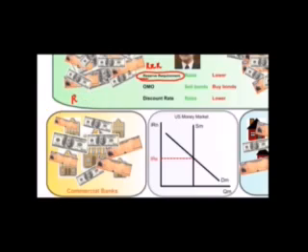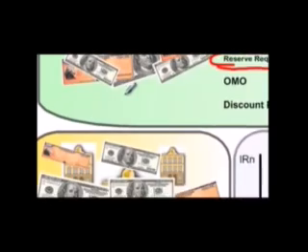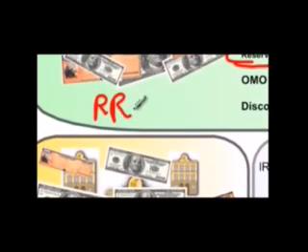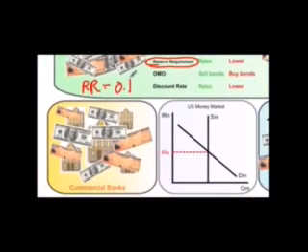In fact, lowering the reserve requirement, let's say the reserve requirement falls to 0.1. Now, commercial banks must keep only 10% of total deposits at the Fed. If the reserve requirement decreases, what this does is this frees up some of these reserves from the Fed and brings them back into the banking system.